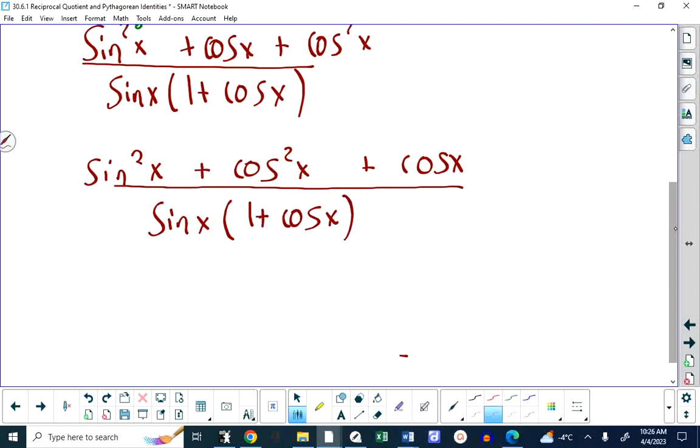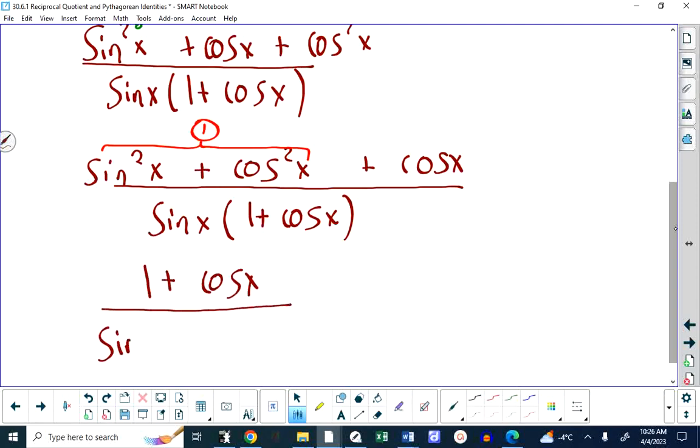But this is 1. So what we have on the top is 1 plus cos of x. And on the bottom, we have sine of x times 1 plus cos of x.